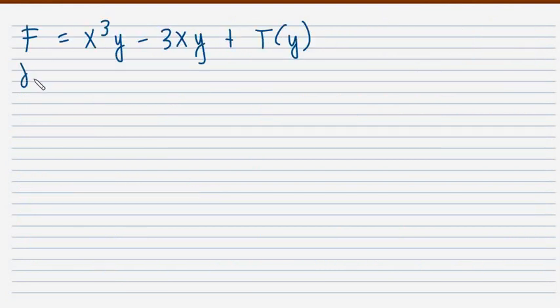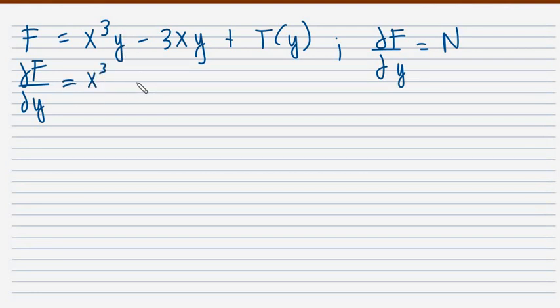Okay, next we will differentiate with respect to y, because the next step that we will take is the partial derivative of our solution with respect to y is equal to N. So let's get that. x cubed is constant. The derivative of y is 1, minus 3x, and then the derivative of y again is 1, so plus t prime of y.